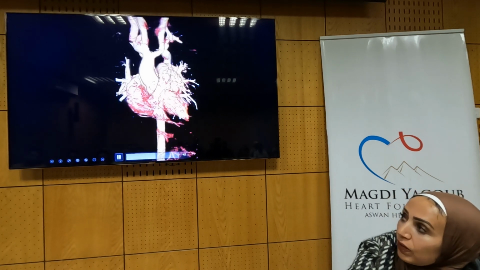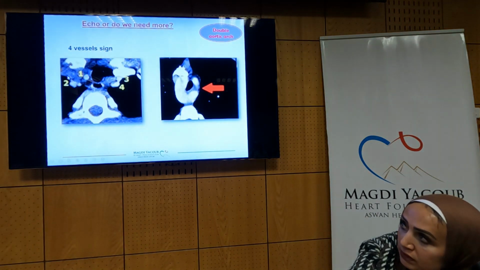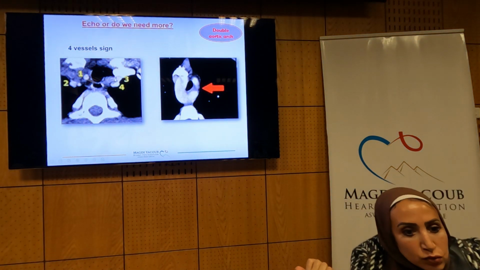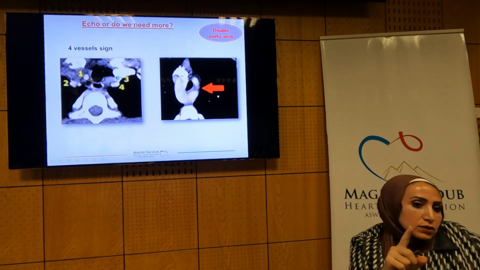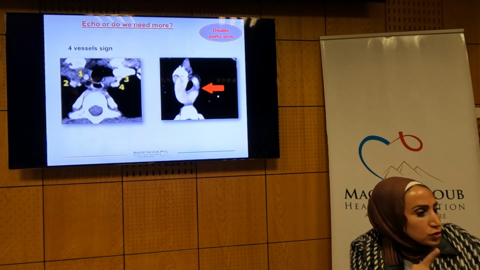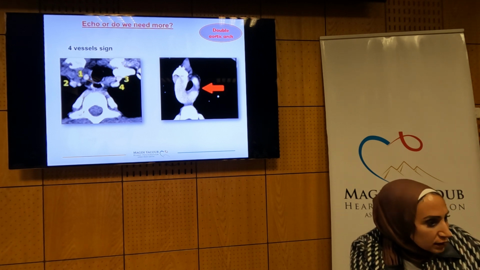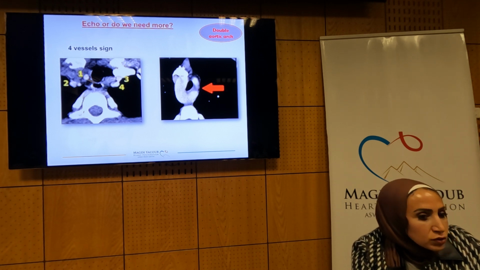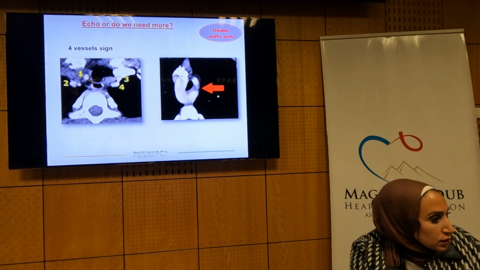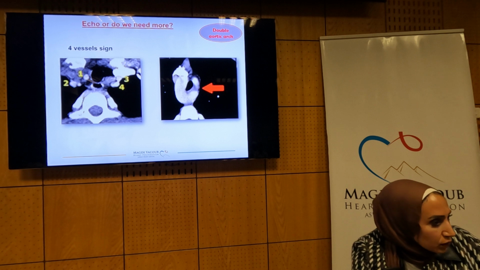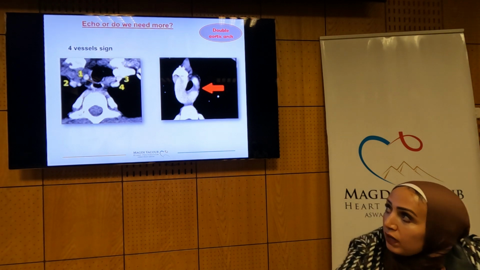We have a very famous sign by CT. We call it the 4-vessel sign. If we go back to the embryology, we have two arches, and each arch gives two separate vessels. We don't have a brachiocephalic in that. Is it clear why? Because nothing regressed in that vascular ring, so we don't have a brachiocephalic.